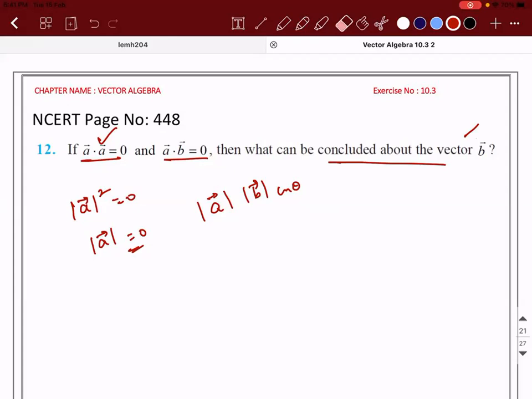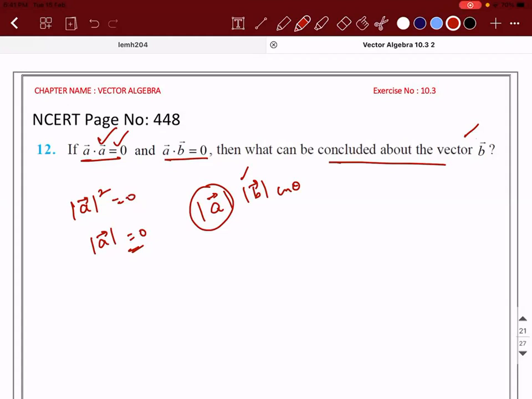But already the magnitude of a is 0, that we have already concluded. Correct? So b vector can be any non-zero vector. But why can't b vector be 0? Okay, it can be a 0 vector also. It can be any vector.